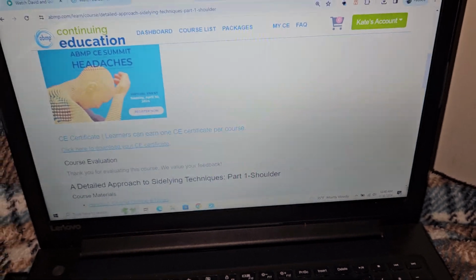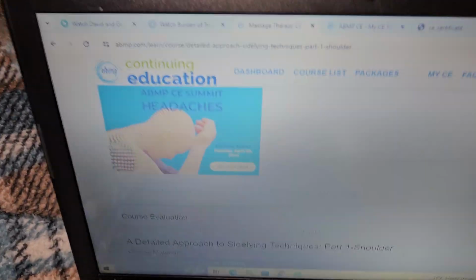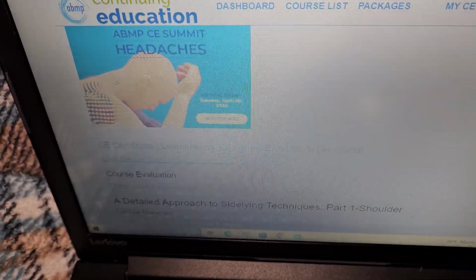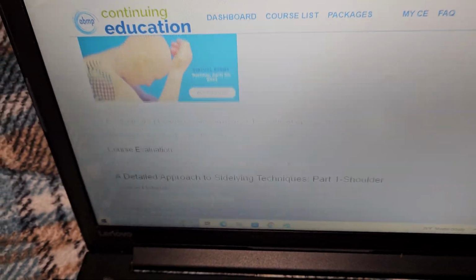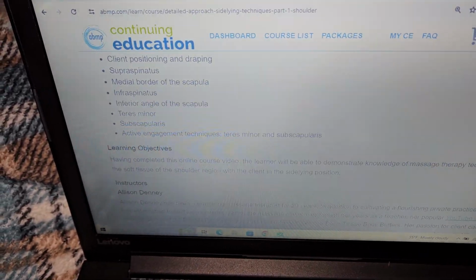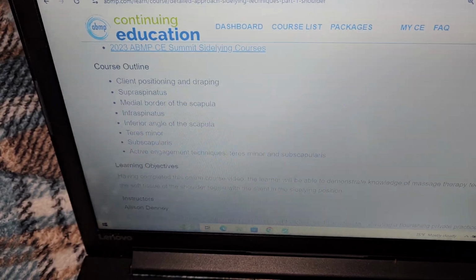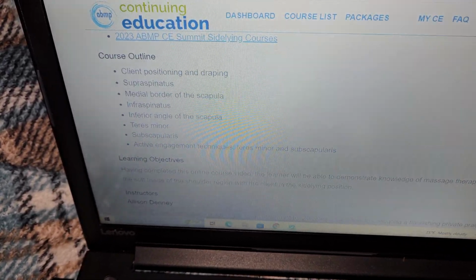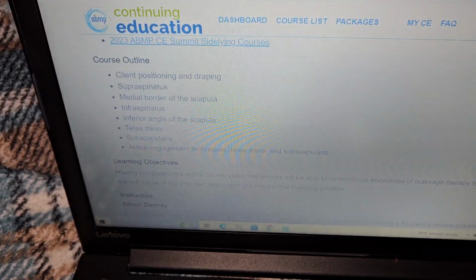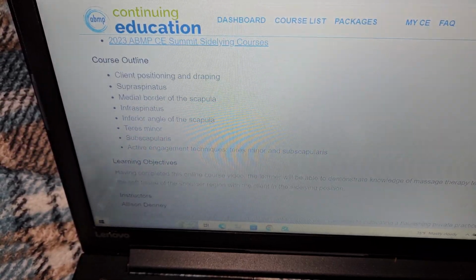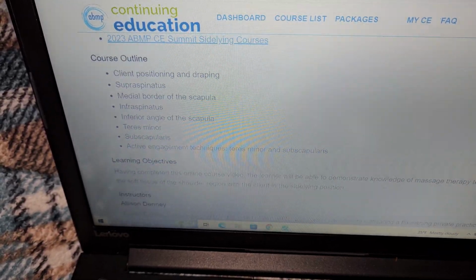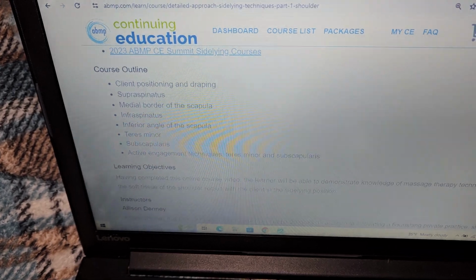There is a visual event Tuesday, April 30, 2024 that you could do. Course outline: client positioning, draping, supraspinatus, medial border of the scapula, infraspinatus, inferior angle of the scapula, teres minor, subscapularis, active engagement techniques, teres minor and subscapularis.